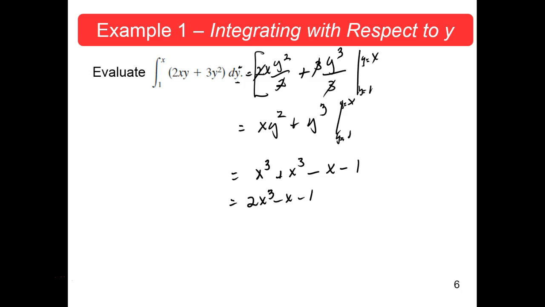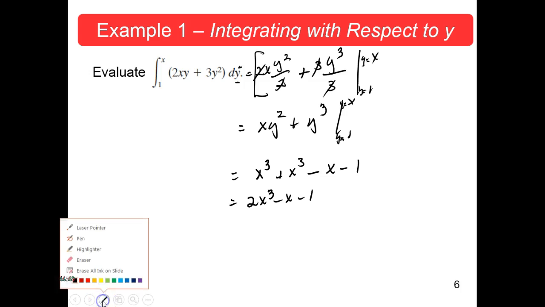So there's our answer, I hope. Let's see what they got in the book. Oh, look at that, they got 2x cubed minus x minus 1. Let's watch them do it and see if they clear it up any.